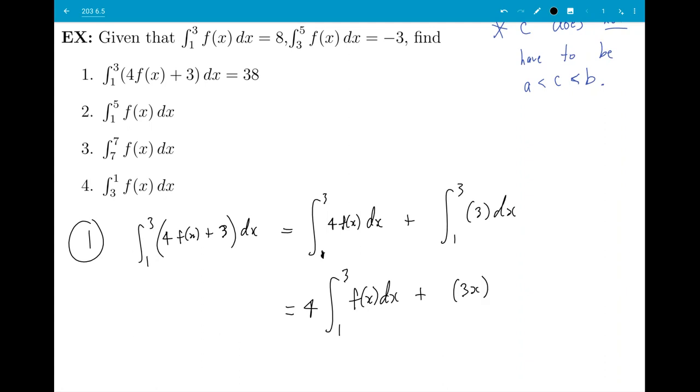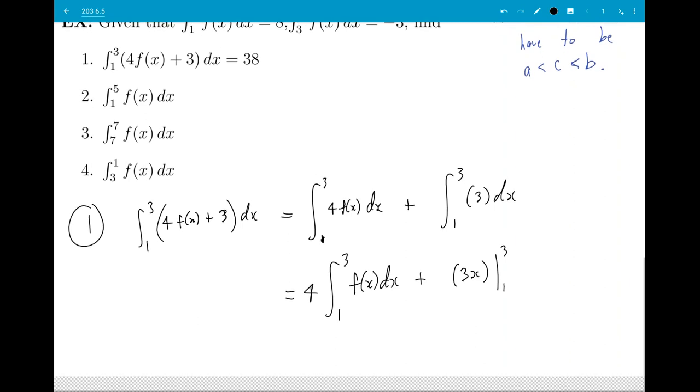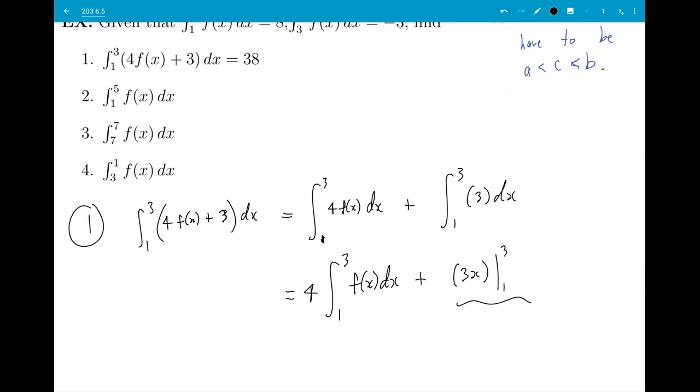The second integral is just 3x from 1 to 3. So I did the fundamental theorem of calculus here.